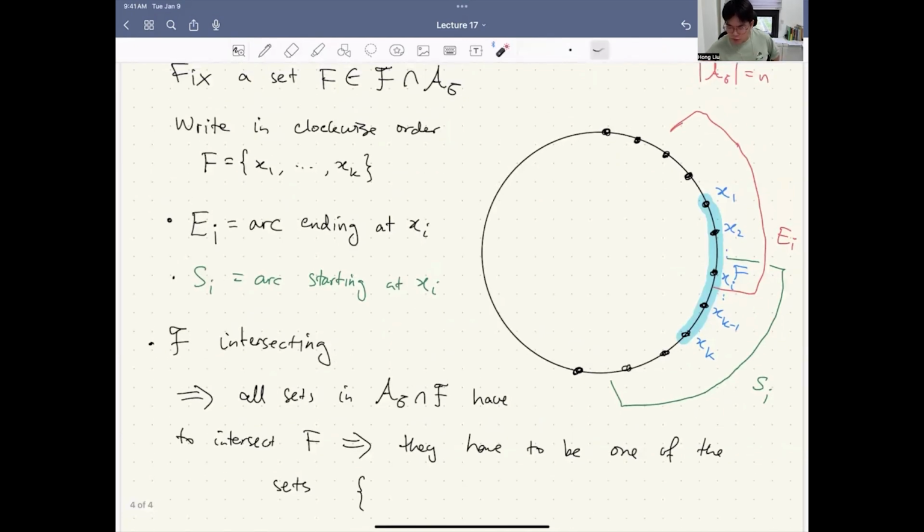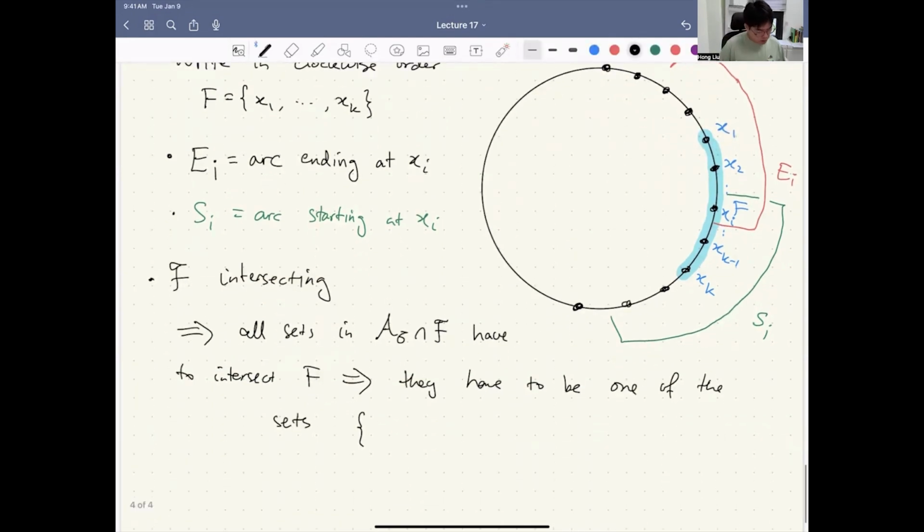So what's the earliest one that intersects F? The one that ends in x1, right? If it ends before x1, it's disjoint from F. So this one that ends in x1 is E1, all the way to, so that's E1.